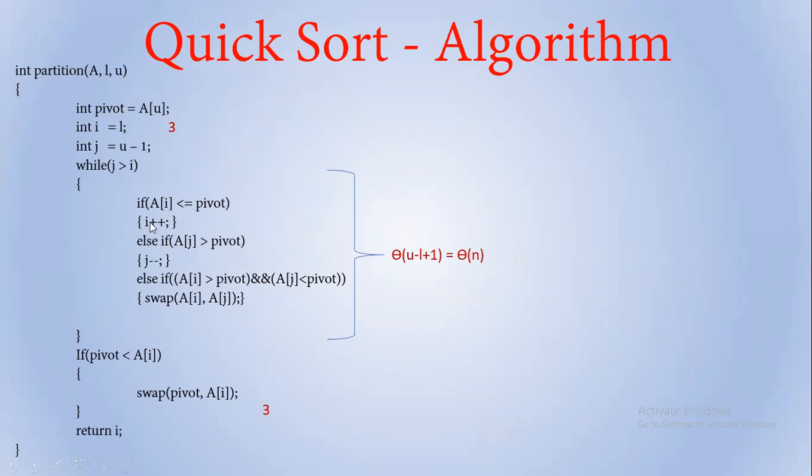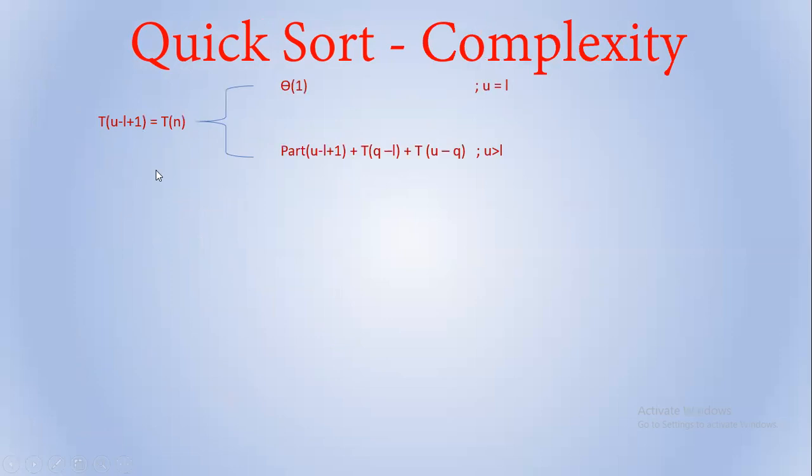If so, we increase I by 1. If that is not true, we check whether AJ is greater than pivot. If that is the case, we decrease J. Otherwise, if both are not true, we swap and don't increment or decrement I or J, and come back, until J is equal to I. Then we do that thing.